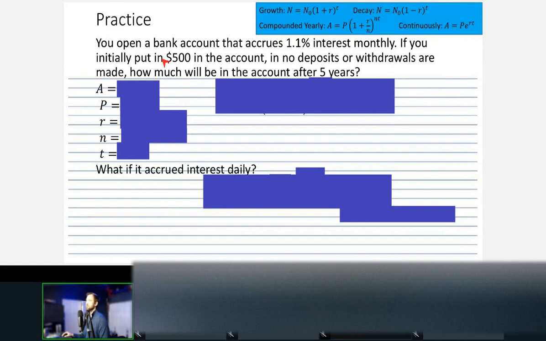If you initially put in $500 in the account and no deposits or withdrawals are made, how much will be in the account after 5 years? All right. So what's our A value?